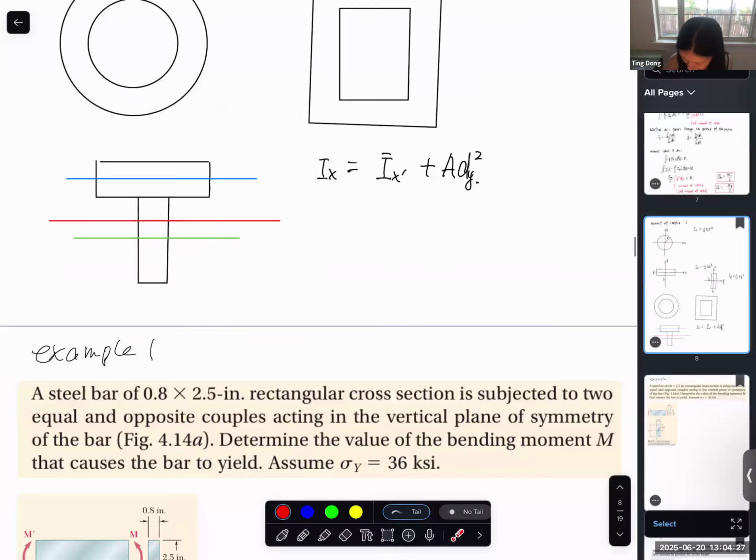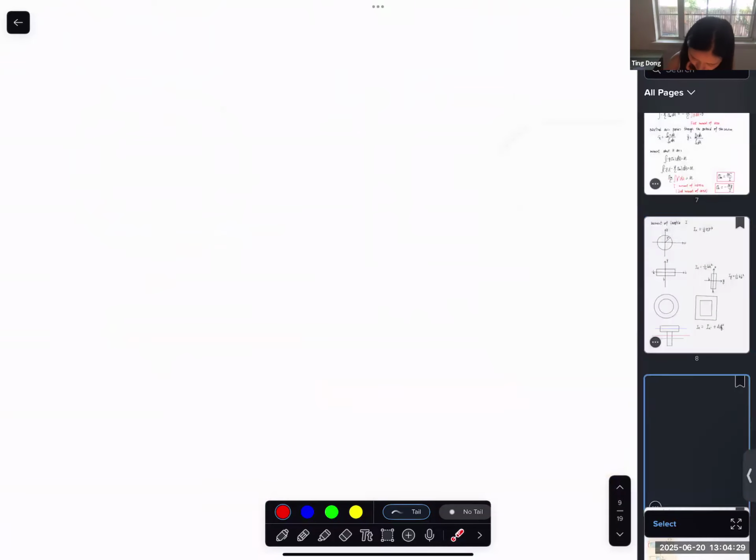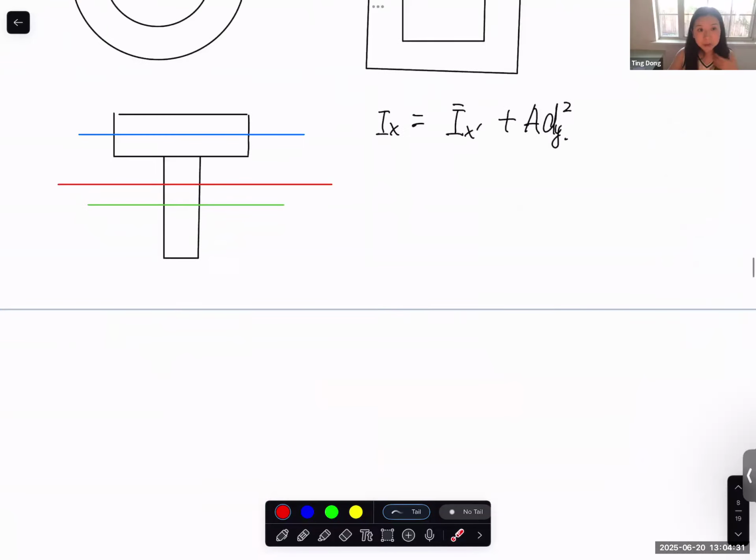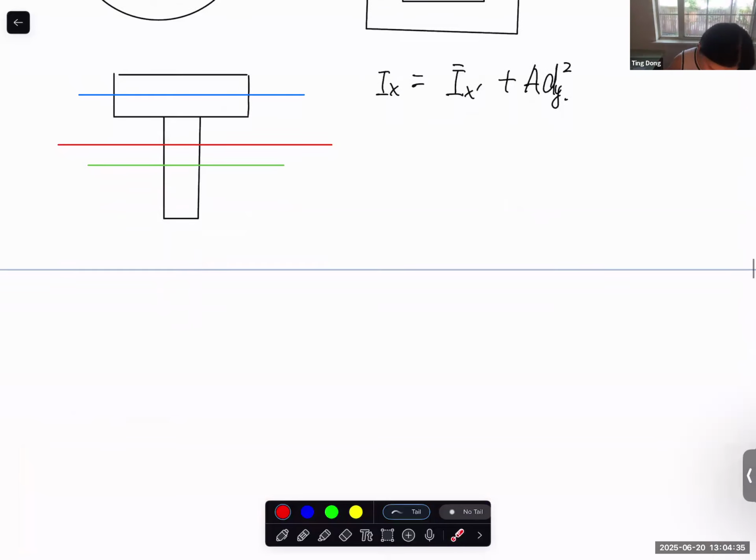Since you guys asked in the last class, but we didn't have much time, let's write the definition here. Parallel axis theorem is used for the, let's say this is a neutral surface or centroid, the line that passes through the centroid.